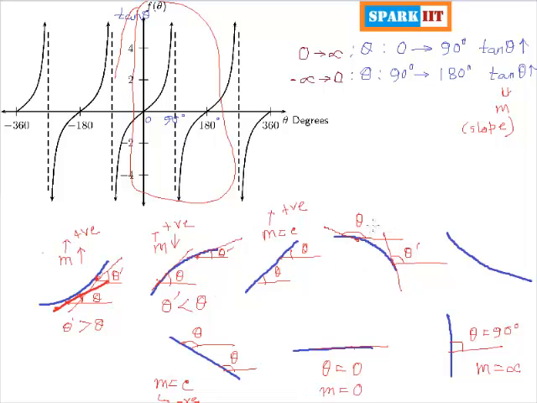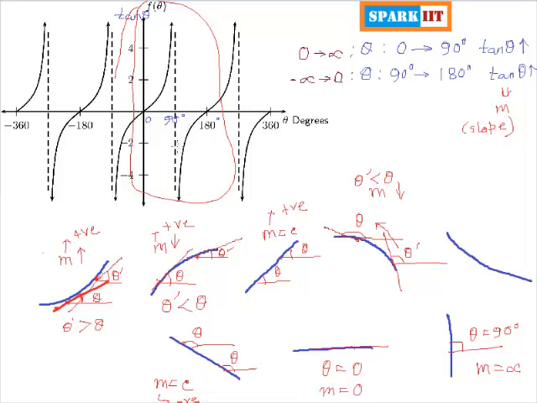Here both the thetas are ranging from 90 to 180 degree, and theta dash is less than theta. If you go from 90 degree to 180 degree, then theta increases. So here m is decreasing, as you are going from 180 degree towards 90 degree.